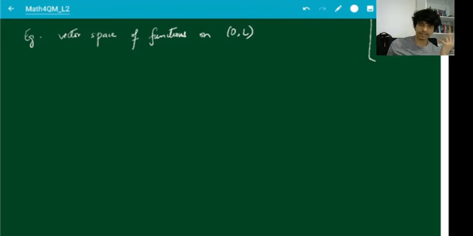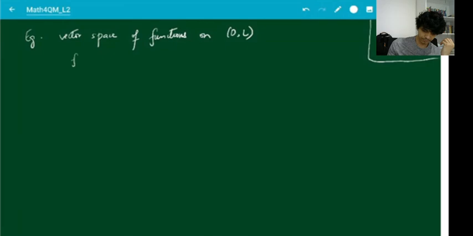So suppose I take any two functions f and g belonging to this vector space, and then I define the inner product as the integral from 0 to L of the complex conjugate of f times g.